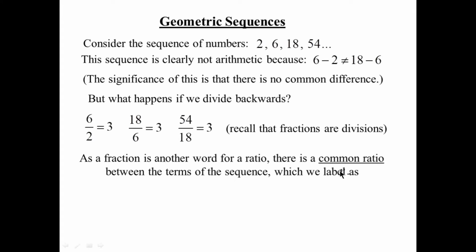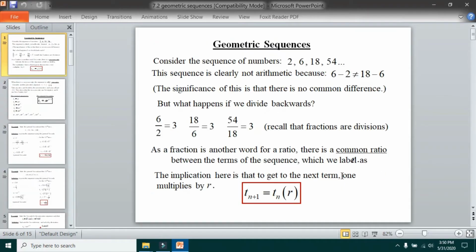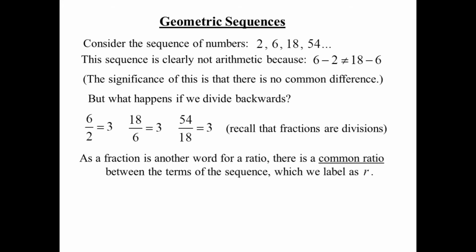And we label this as r. So we label the common ratio, we give it a name, we call this ratio r. It's 3.